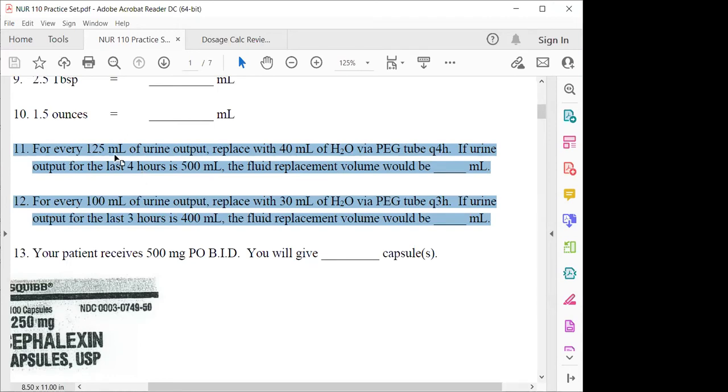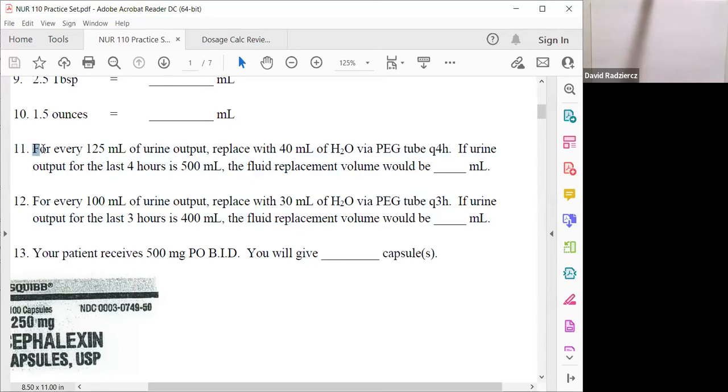So when we look at this, it says for every 125 milliliters of urine output. I consider that your theoretical or your potential output. So for every 125 milliliters of urine output, you're going to replace with 40 milliliters. When you lose 125, you're going to replace with 40. That's your order, what you're being told to do for this patient.